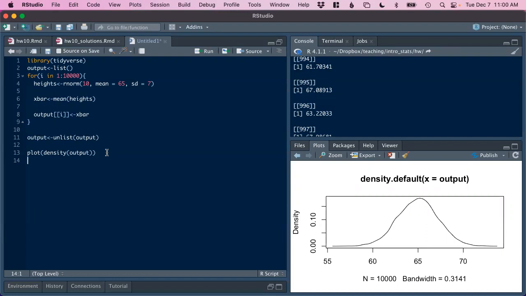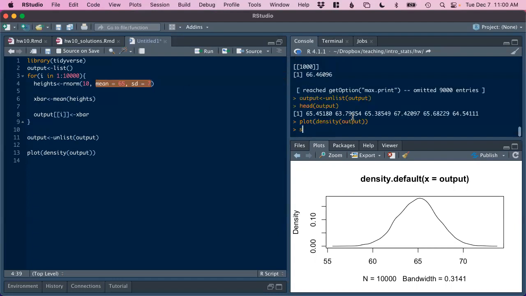We get a sampling distribution that has a 95% interval that goes between about 60 and 70, right? Meaning our standard deviation is about 5 for our sampling distribution, which is lower generally than the sampling distribution for X. So the sampling distribution for X had a mean of 65 and a standard deviation of 7, right?